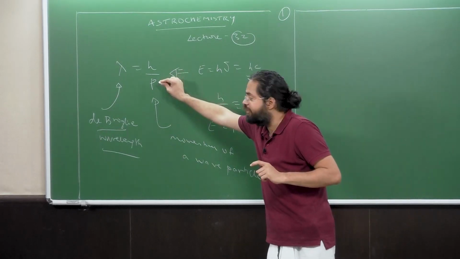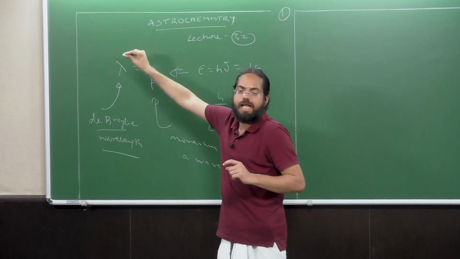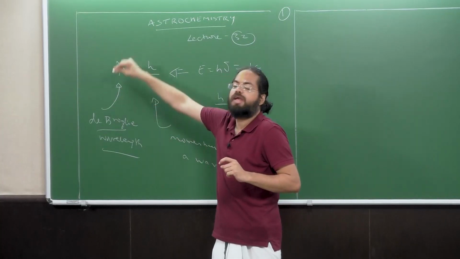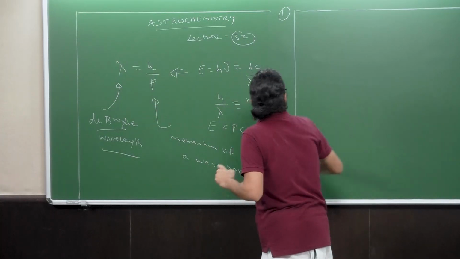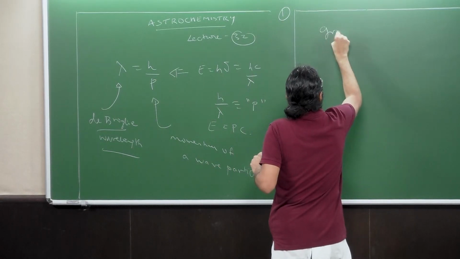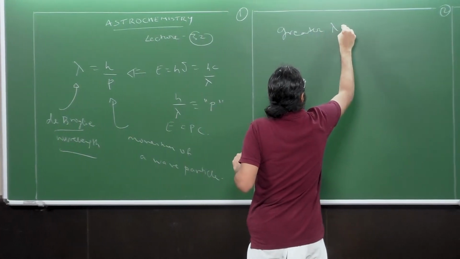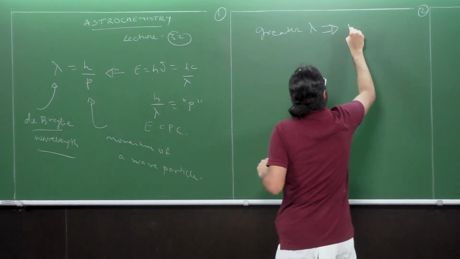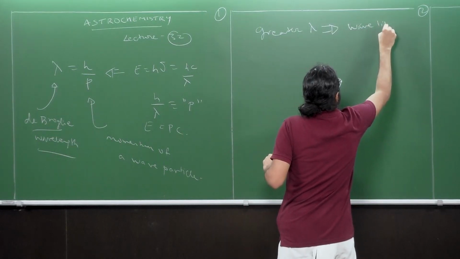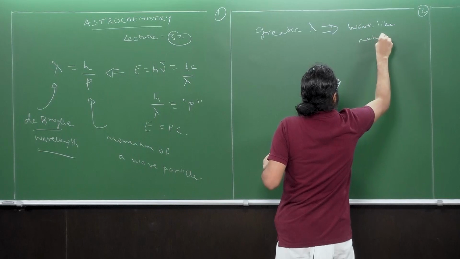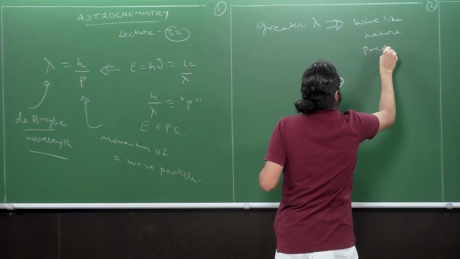But its implications are important. What this equation tells us is that, greater the lambda, that is, higher the de Broglie wavelength, the more the wave-like nature predominates.